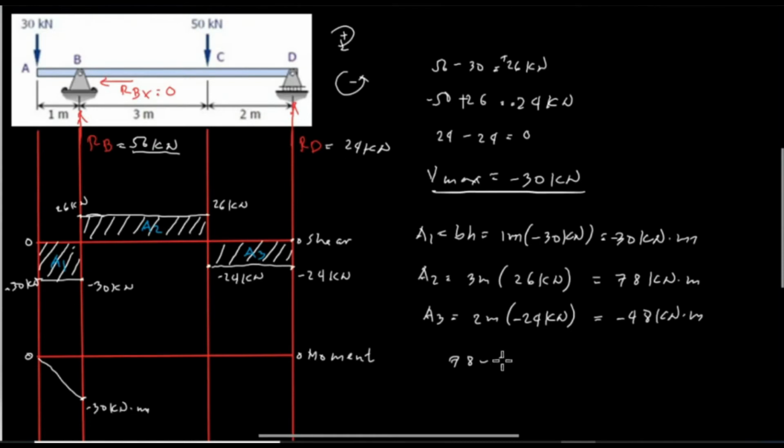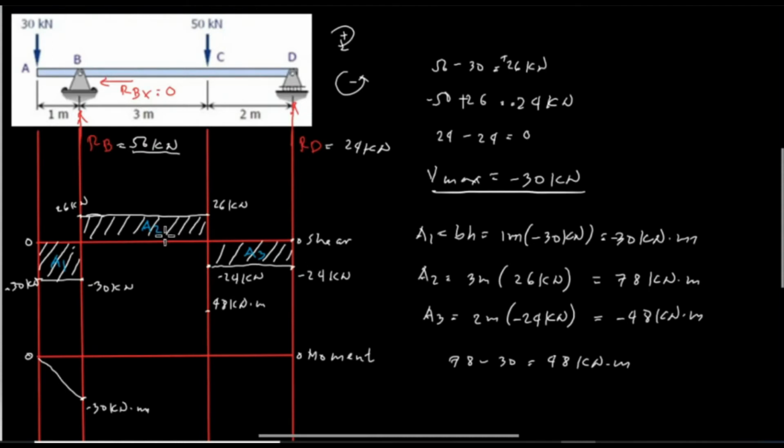So 78 minus 30 is equivalent to 48 kilonewton meter, and the value of 48 kilonewton meter is at point C. So we have positive, so therefore this is the point, and this is 48 kilonewton meter, and we have no load, horizontal line.